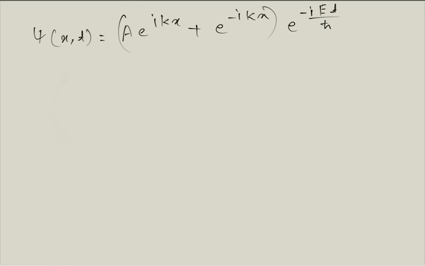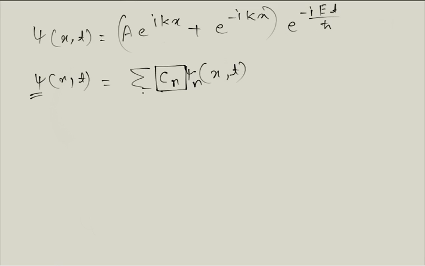As you know, the Schrodinger equation is linear in psi of x, or psi of x,t, so the general solution is a linear combination of all the wave functions psi with subscript n, multiplied by some coefficient c of n.